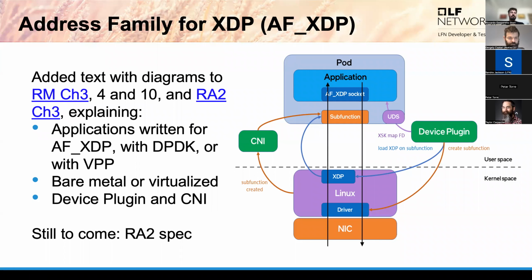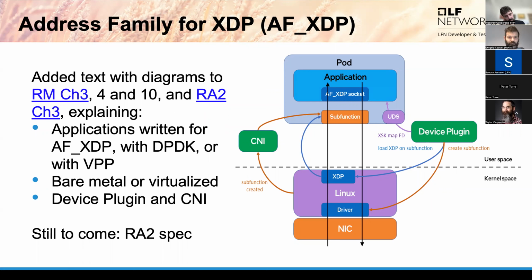Then in the RA2, in the architecture part, there is this diagram and there is text explaining what this new socket type is, and there is also an explanation of concepts of how the device plugin works and how CNI fits into that and how all these arrows are connected together.